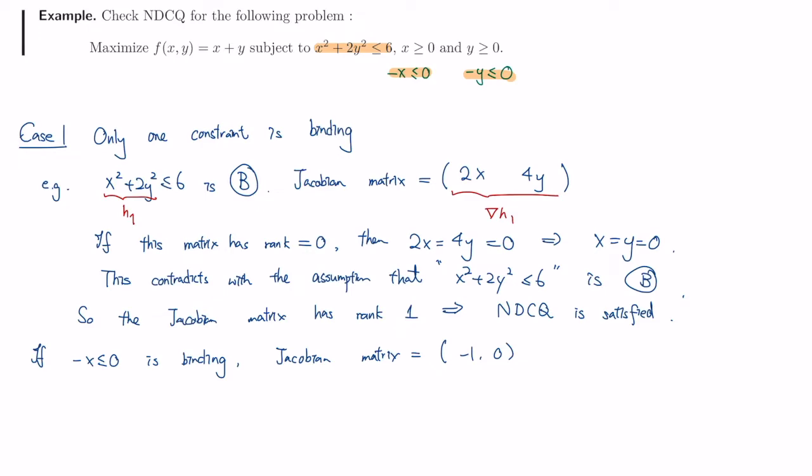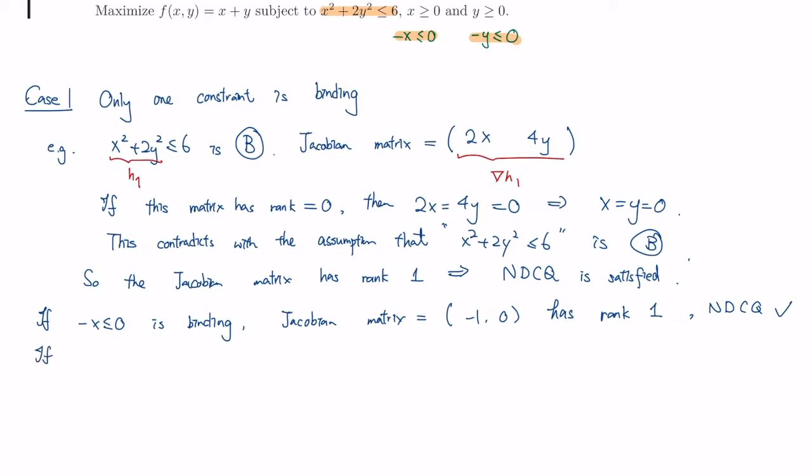Obviously this has rank 1, so the NDCQ is okay. And then finally, if minus y less than or equal to 0 is binding, then the Jacobian matrix equals 0, minus 1. Then this also has rank 1. So again, the NDCQ is okay. This is how we analyze the first case, when only one constraint is binding.